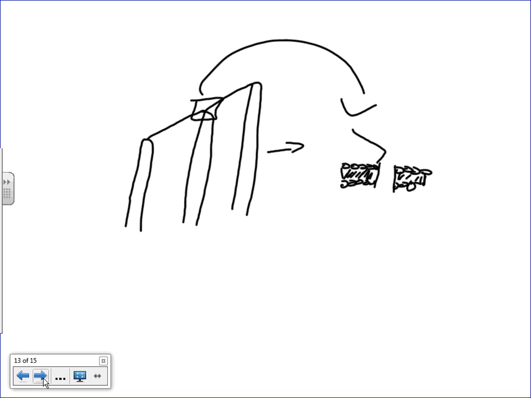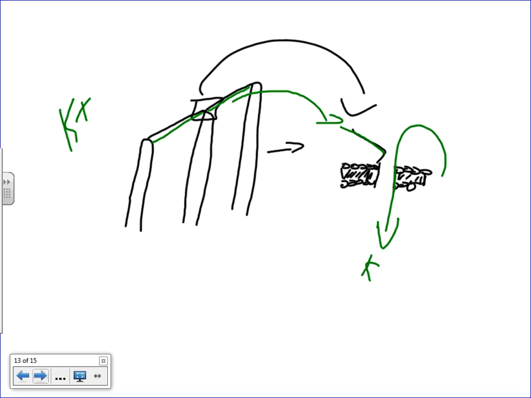So now I mentioned that those stereocilia, those hair cells, are sitting within a potassium-rich environment, and they're connected to one another. So as these hair cells bend and shift, you're going to open up gates, and then you're going to have the diffusion of potassium into the cell, and that's going to cause some depolarization of the cell.